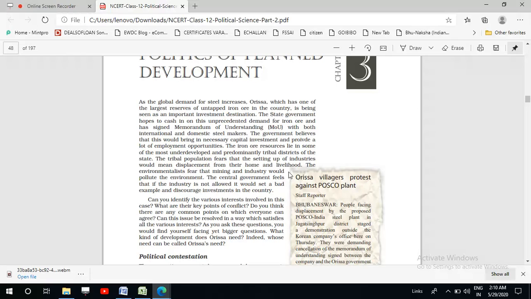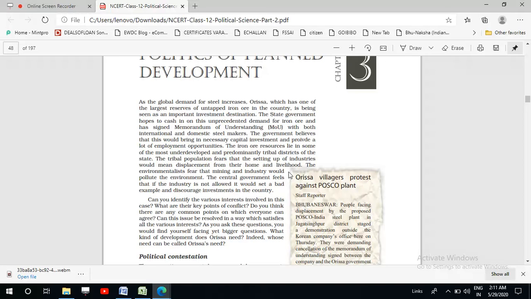So the state government always tries to achieve the goal of economic development, and for this purpose, the Odisha government has signed a memorandum of understanding with both international and domestic steel makers. Why was this memorandum of understanding signed?